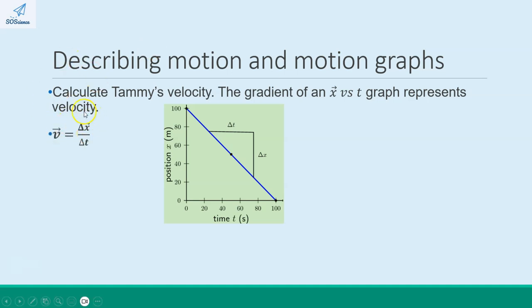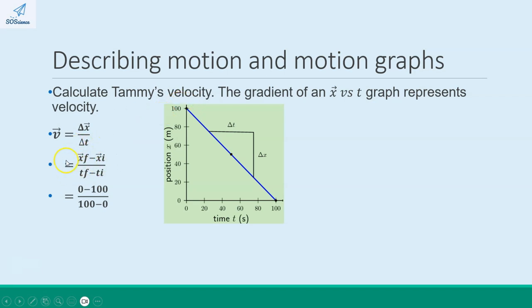So V equals delta x over delta t, which is xf minus xi over tf minus ti. Now, in this case, Tammy's final position was here at her house, and Tammy's initial position was 100 meters away from her house in the positive direction, so it's plus 100.